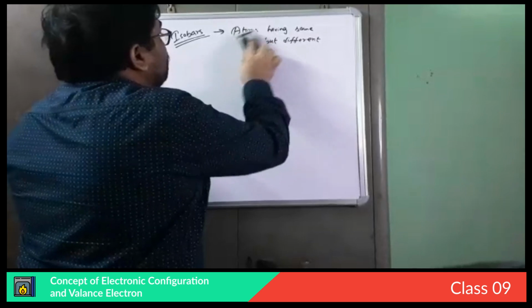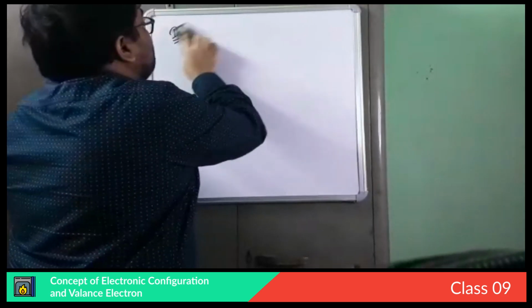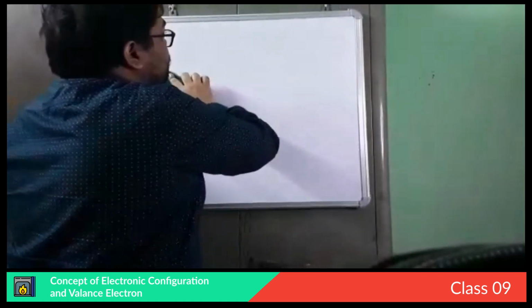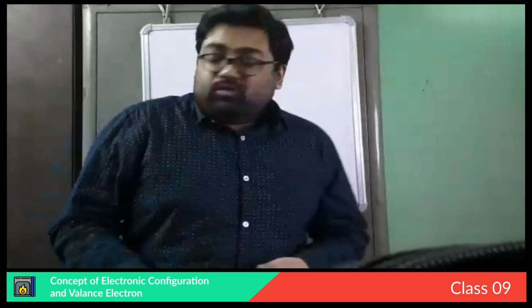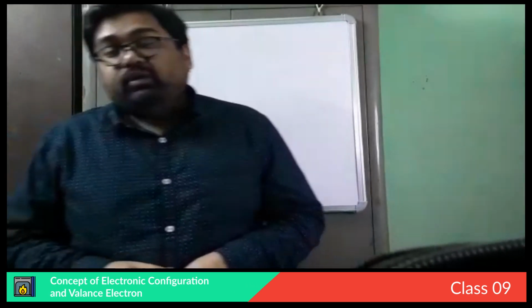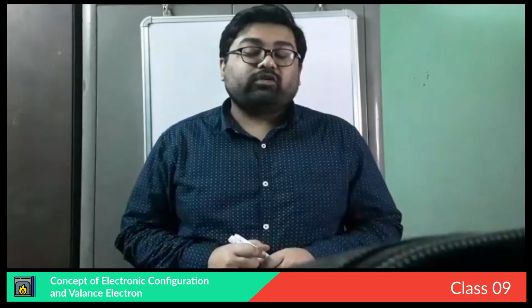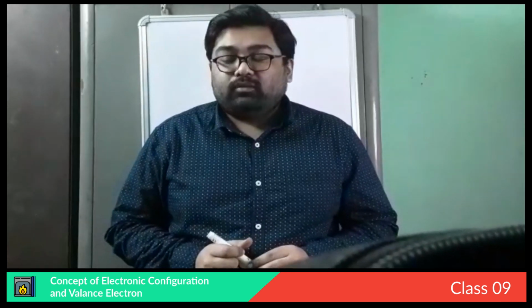So these two topics are important and questions might come in definition form. Okay, so what do you mean by isotopes, isobars? Give two examples like this. So today we have completed this chapter. In the next class we will discuss some important questions regarding this chapter, right?